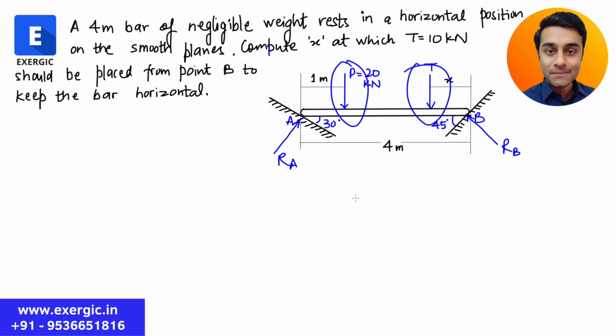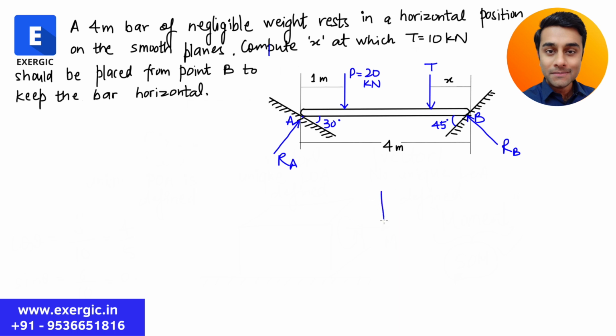Whenever you are trying to form a closed polygon of different forces, and there are two forces along the same direction, for example P and T here are in the same vertical direction, in that case there is every possibility that the polygon that you will form may have fewer sides than the number of forces present. Here four forces are present, but the polygon will have three sides.